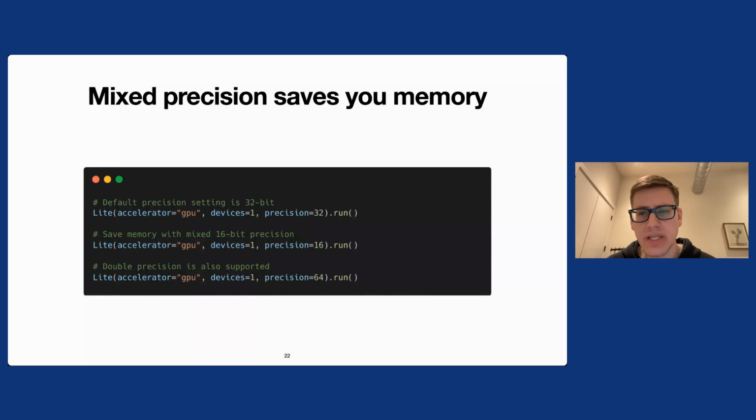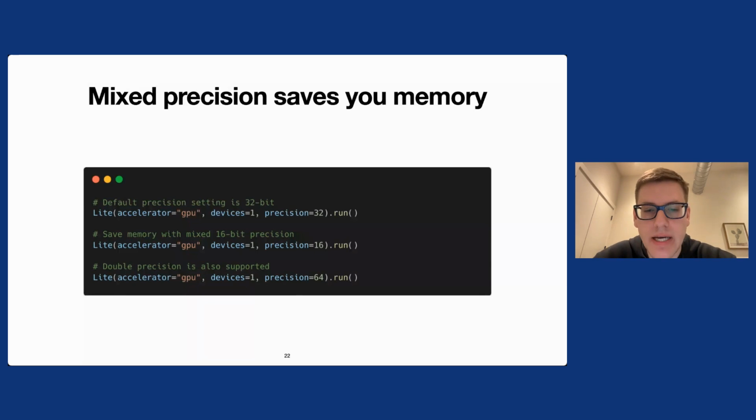But sometimes you actually want to run bigger models, and then you run out of memory. And sometimes what helps is enabling mixed precision, so that some of the computations in the neural network can use less memory and run more efficiently using 16-bit precision.